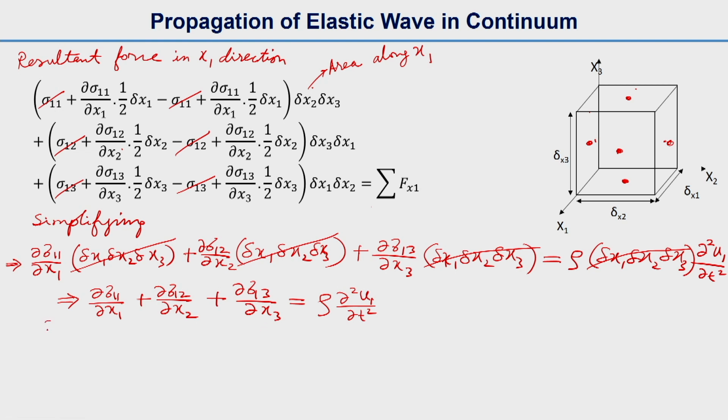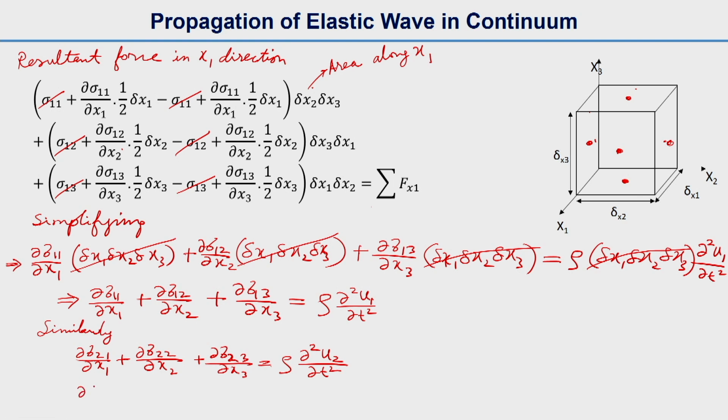And similarly for the other two directions: partial of sigma 21 with respect to x1, plus partial of sigma 22 with respect to x2, plus partial of sigma 23 with respect to x3, is equal to rho times the second partial of u2 with respect to t.